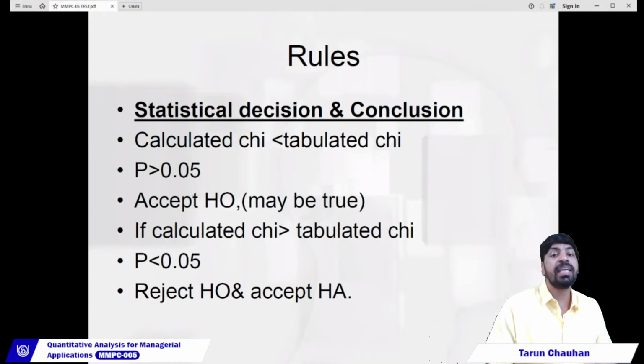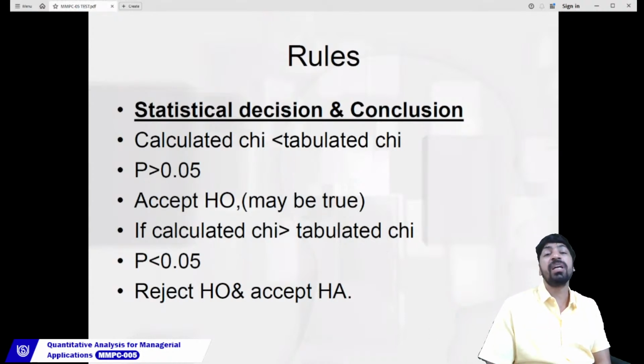In other words, there is a relationship or association between two variables, or there will be a difference between the one or two variables. That's called the second rule, and it can be verified if the calculated chi-square value is more than the table chi-square value.